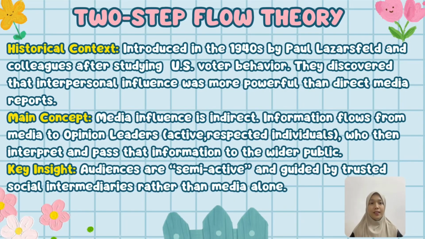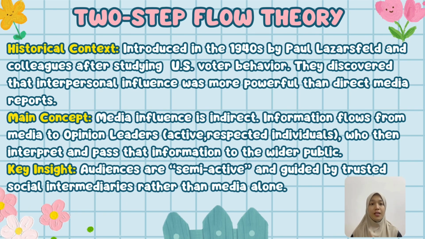Next, by the 1940s, researchers like Paul Lazarsfeld realized media influence was more complex, leading to the two-step flow theory. The historical context changed when studies found that voters were more influenced by people they knew than by the media. The main concept is that information flows in two steps.